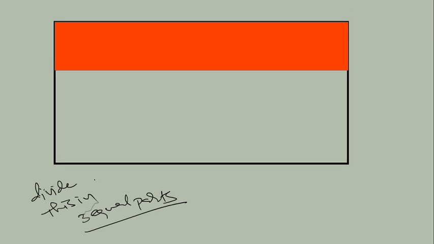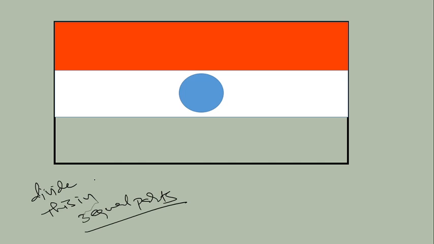The first upper part is colored saffron or orange. I divide like this, and the first part is saffron or orange. Then I divide the second part like this. This is white, and in this white part we have to draw the Ashoka Chakra. That is, the Ashoka Chakra is present at the center of this middle part, in white color.